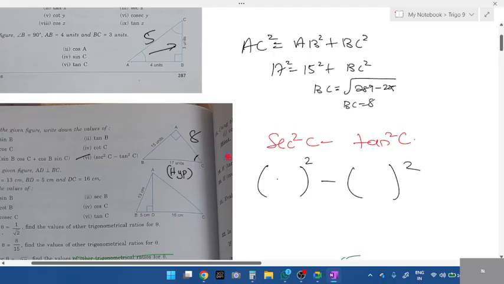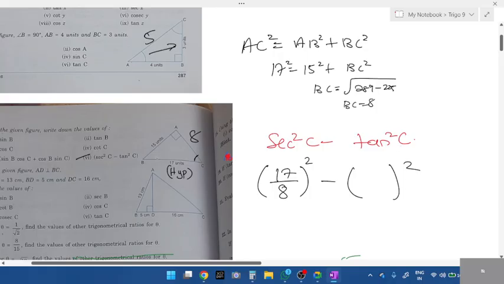Hypotenuse by base. Okay, what is hypotenuse? 17. For C, which is base? No, not 15. For C, 8 is base. Tell me for tan, perpendicular. For which angle do you have to check?